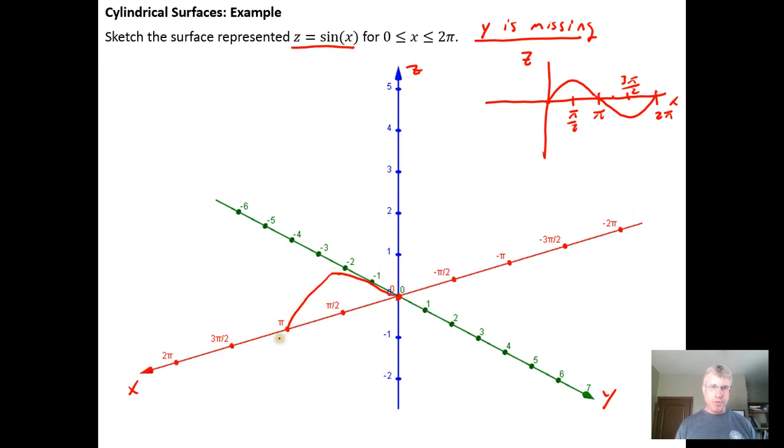At 3 pi over 2 I'll be at my lowest point at -1, and then at 2 pi I'll be back at 0. Then we would draw lines, usually through the key points like the peaks and the intercepts, but those lines would need to be parallel to the y-axis because the y-axis is the missing variable.